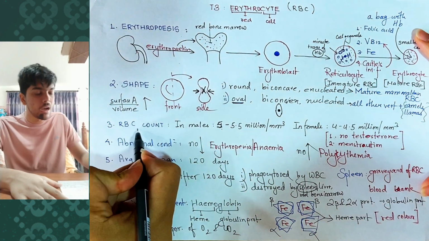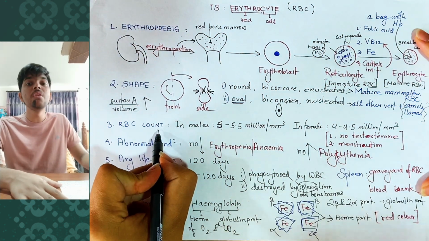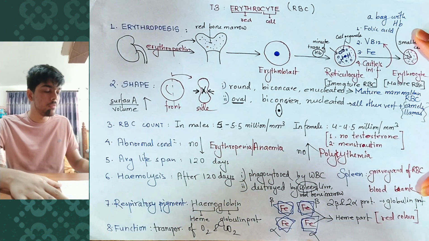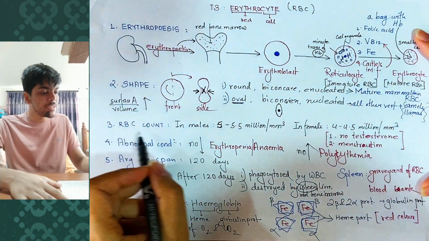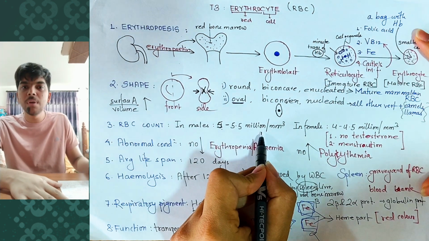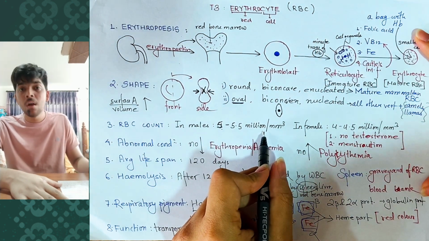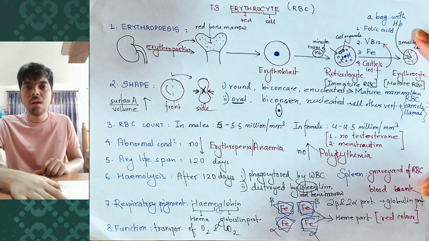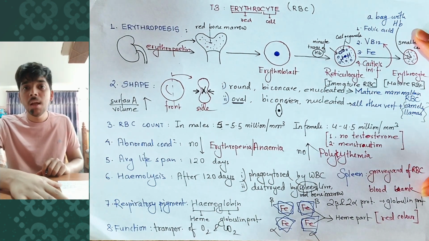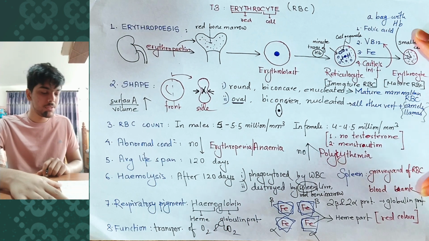Next is RBC count. The normal number of RBC, I repeat, normal. The normal number of RBC in males is 5 to 5.5 million per cubic millimeter of blood. 1 cubic centimeter refers to 1 milliliter, so you can calculate how much 1 cubic millimeter means.